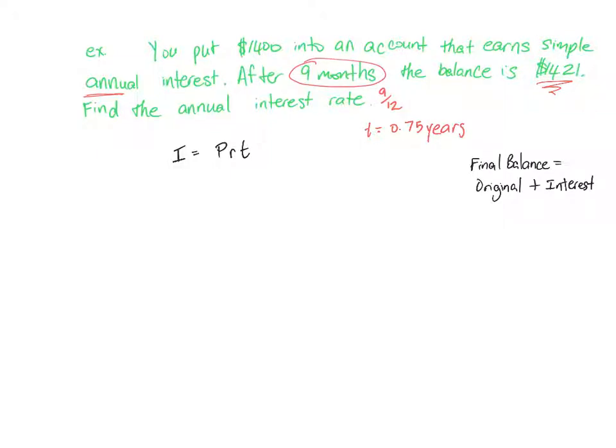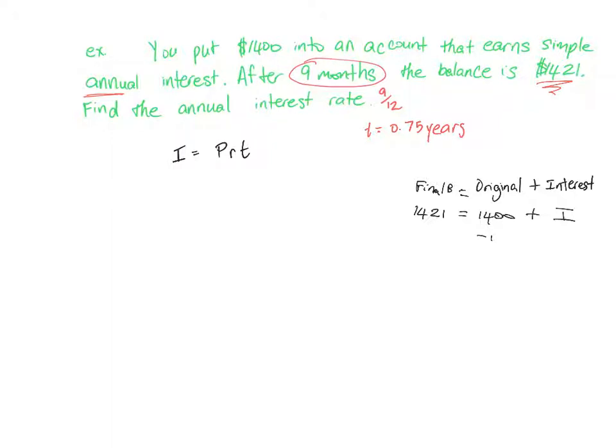So in this question, we have the final balance. We can figure out what the interest is because we also have the original amount. So let me actually write that in a way that is easier for you to see. Okay. So if our final balance is 1421 and our original amount is 1400, then we can definitely figure out what the interest is.